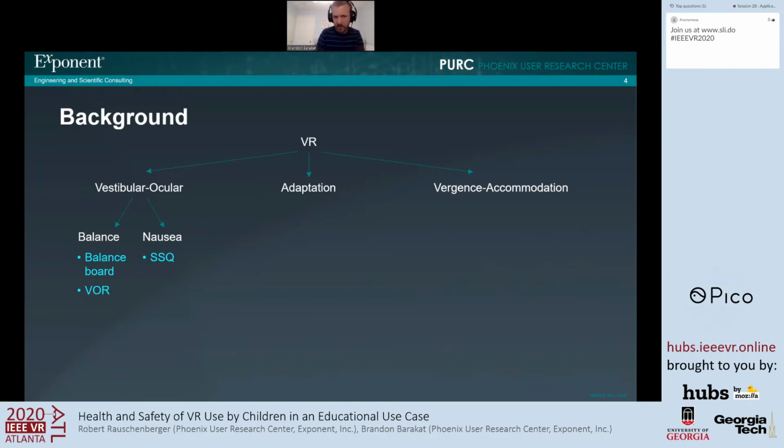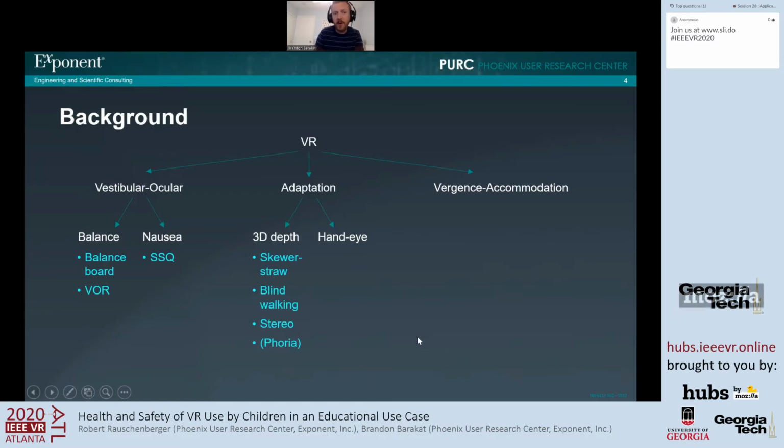I'll talk about each of these measures in more detail on future slides. And for nausea, we used the Simulator Sickness Questionnaire, or the SSQ. For adaptation, you might expect sensory adaptation related effects for things like visual depth perception. For that, we had a number of measures that assess it. And for sensory motor effects, one of those measures also assesses that.